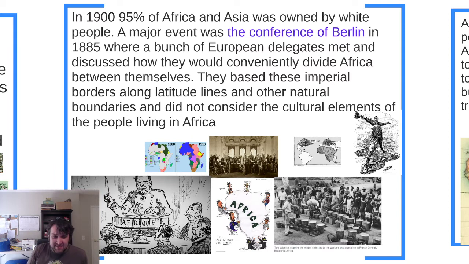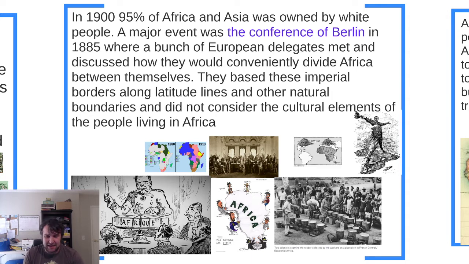Africa is a wildly diverse continent ethnically, and when Europeans cut up Africa, they didn't consider any of the human geography at all. So they based these imperial borders on latitude and longitude lines. And the sad thing is these borders were in place in Africa for the next 80 years.